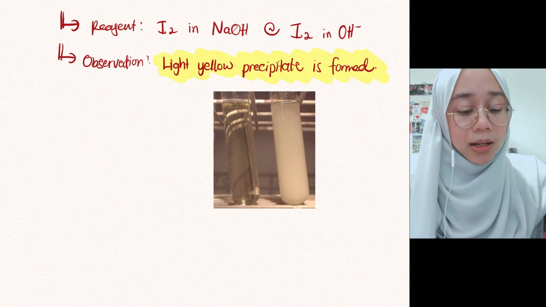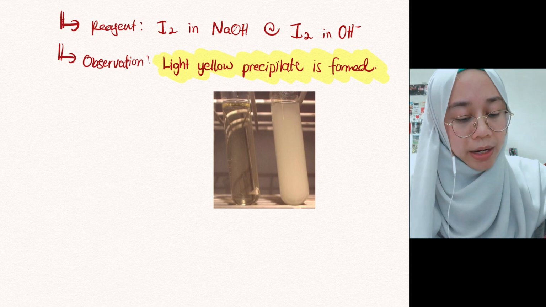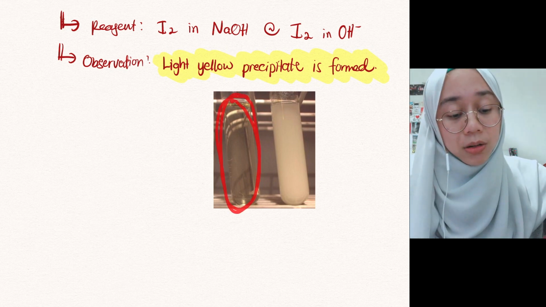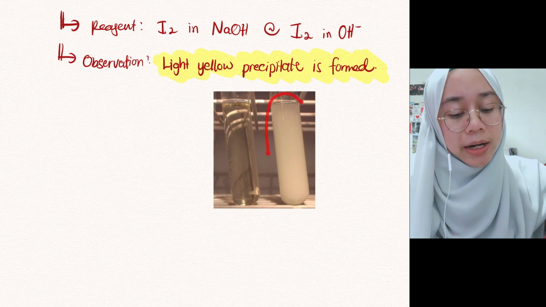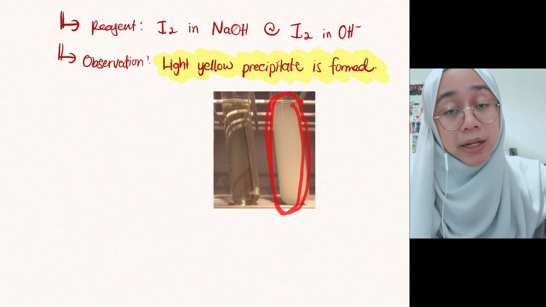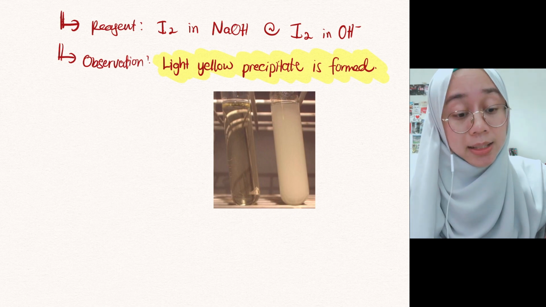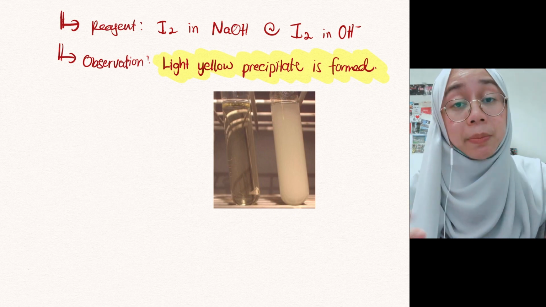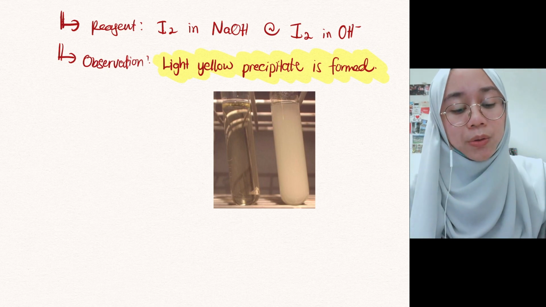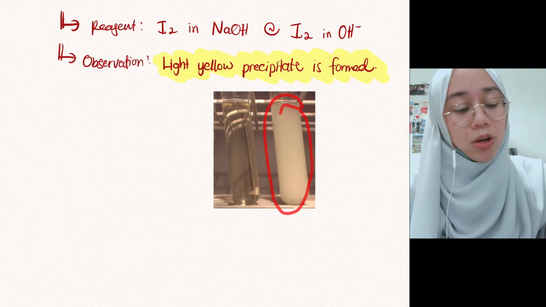Okay, it's not that clear, but the one on the left is the one that has no precipitate at all, meaning this is a negative result. Meanwhile, the one on the right, you might not really see it, but that is considered sebagai precipitate sebenarnya. Light yellow precipitate, because after all you know apa benda yang kamu nak observe. So you see that this is actually the light yellow precipitate.